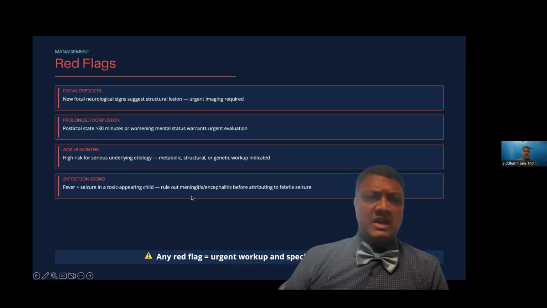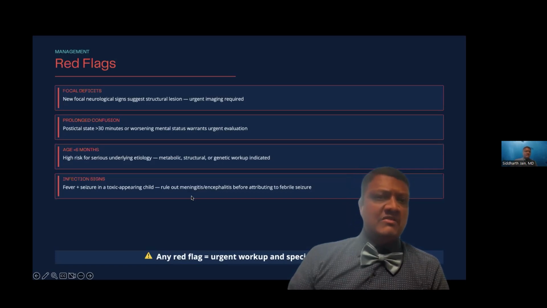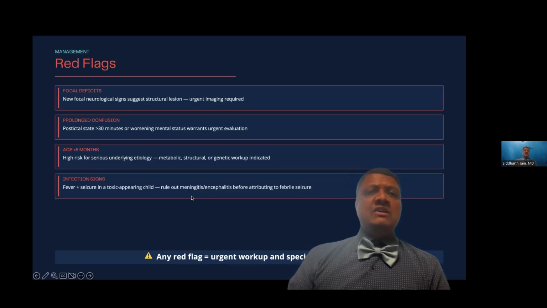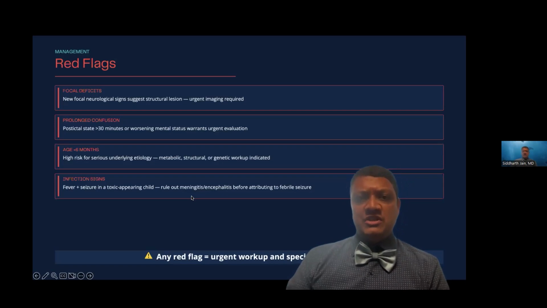These should point towards a more expanded evaluation than just a routine initial evaluation with an EEG from an epilepsy perspective, because these signs might frequently point towards an alternative etiology or neurological condition, whether that be infection, stroke, or injury, where seizure is the presenting sign of a more acute neurological condition.